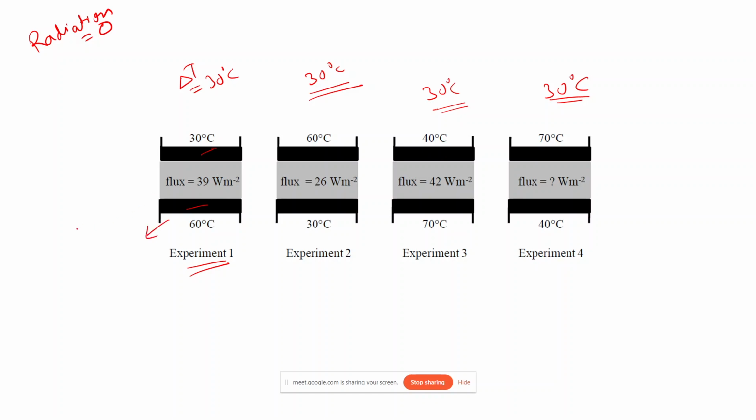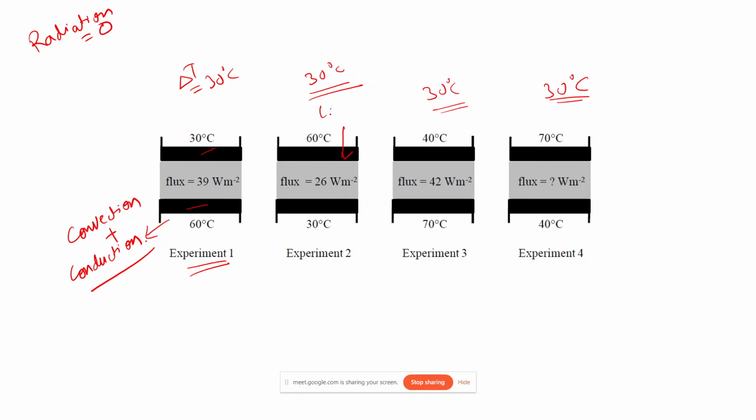So in this first case, we will be having convection plus there will be conduction within the fluid as well as the plate. So in the first case, we have convection plus conduction. Now in the second case, since the bottom plate is at lower temperature and the top plate is at a higher temperature, convection won't occur because the heated fluid will remain on the top side and the flow wouldn't happen due to this density difference or buoyancy.